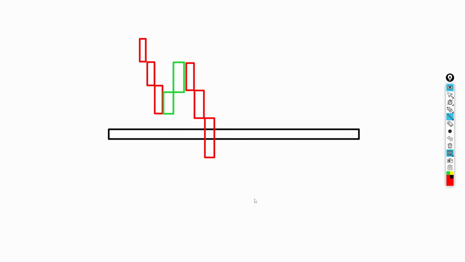And one more thing, you will find that after this breakout candle, sometimes you won't find any green candle and the price will keep on going down. If you are a beginner, you will only take a trade if you got a green candle and after that the price gave you a second break. So the story will remain the same.